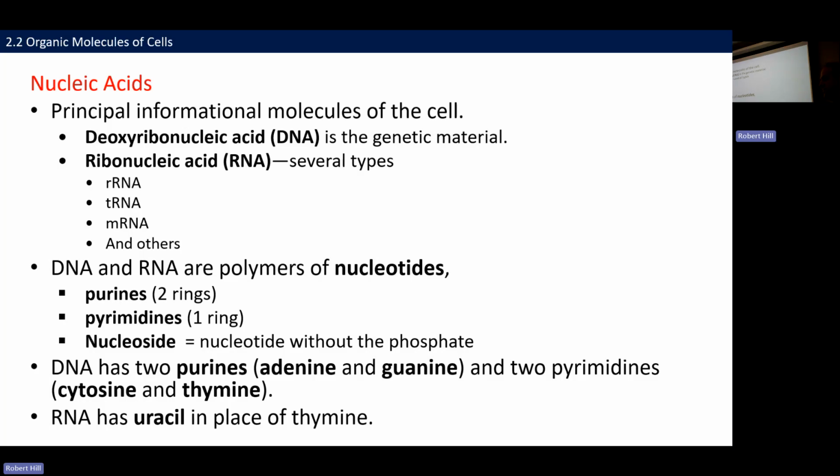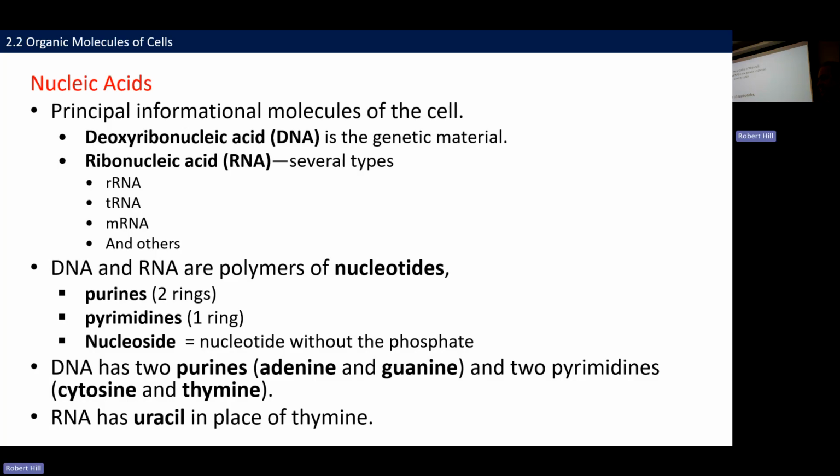And then in order to stick nucleic acids together, you have to have a special type of bond called a phosphodiester bond that contains phosphate in it. So the typical nucleotide, right, will contain phosphate, the sugar group, and the nitrogenous base. The other term you'll see often is a nucleoside, which is basically the nucleotide minus the phosphate. So it's just the sugar group and the nitrogenous base.